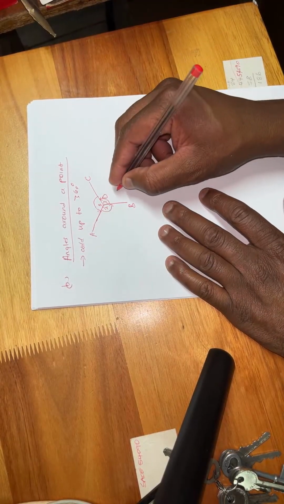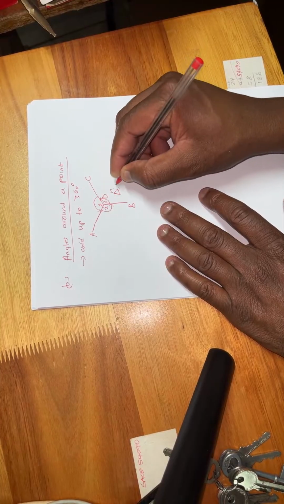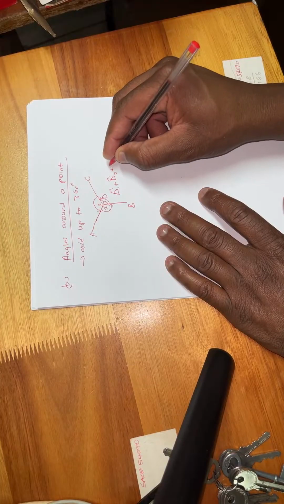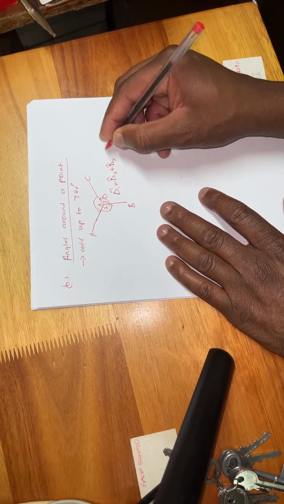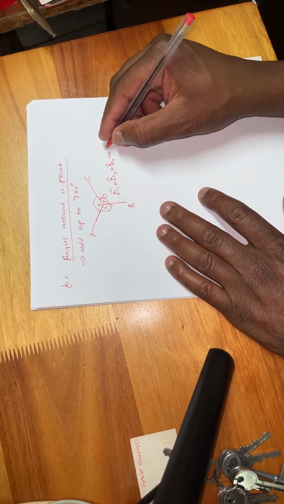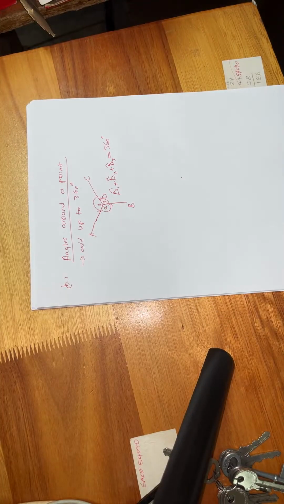Our angle D1 plus angle D2 plus angle D3, they add up to 360 degrees.